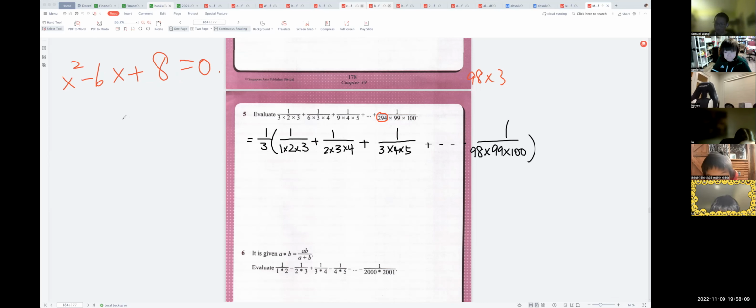X equals what? When you see this 6, you have to know it equals 2 plus 4, and the 8 equals 2 times 4. So those common sense you need to have.